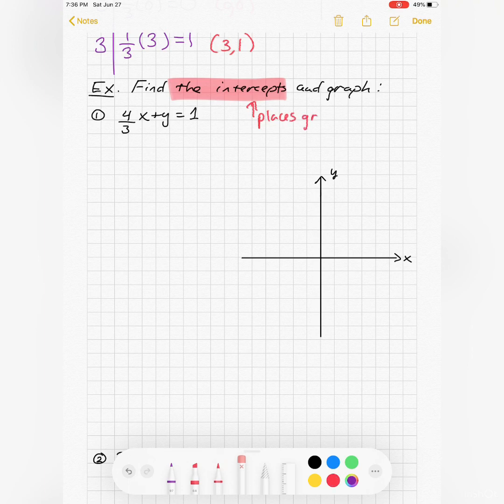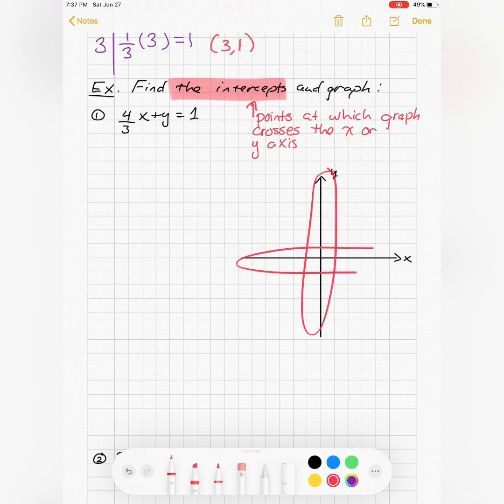Let's say the intercepts are the points at which the graph crosses the x or y axis. In other words, they're points where the graph's either here on the y-axis or here on the x-axis.